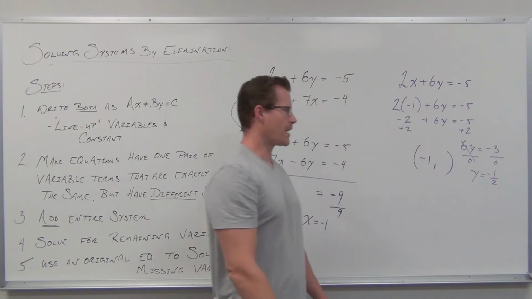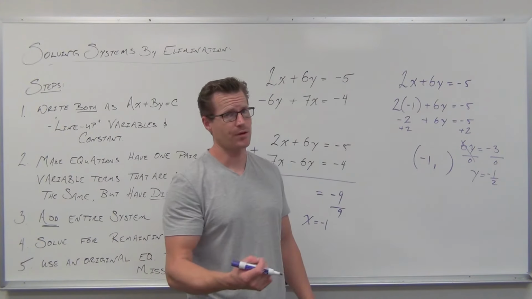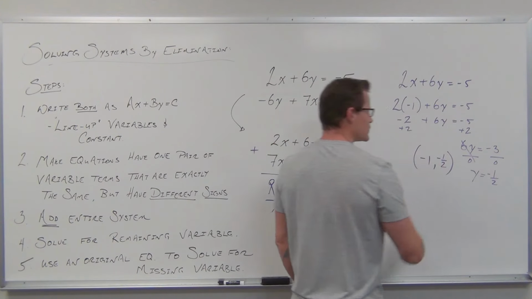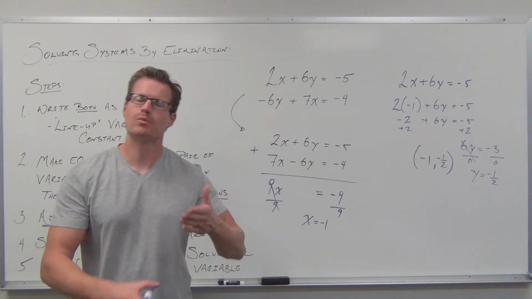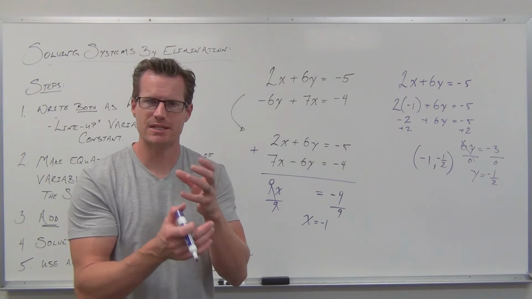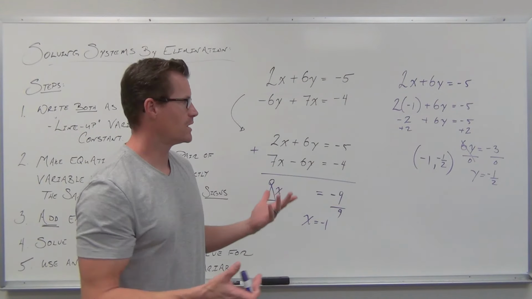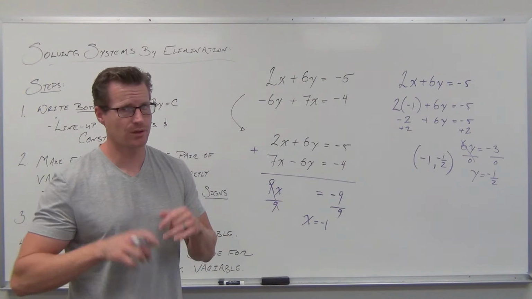It's okay to get fractions here. They're a little harder to check, but it's fine to get fractions. We just completed our point. We completed the point of intersection. The one point in the world that needs to be common to both these lines is the point of intersection, and it needs to occur at -1, -1/2, and we're certainly going to check our work.